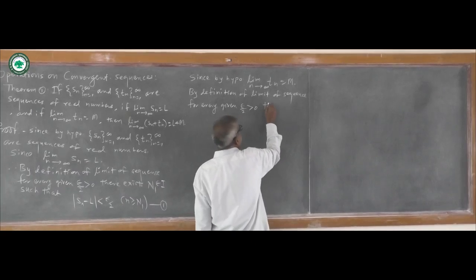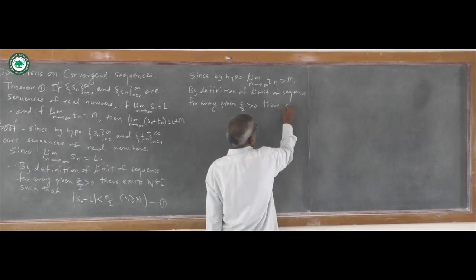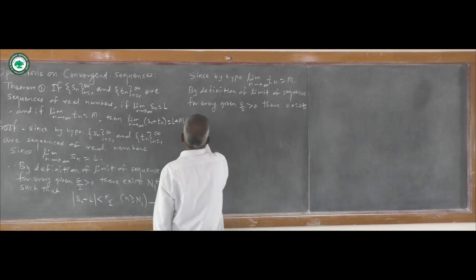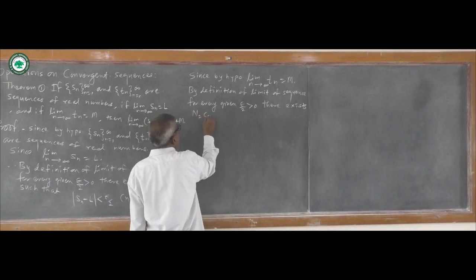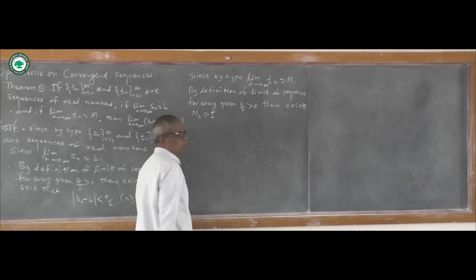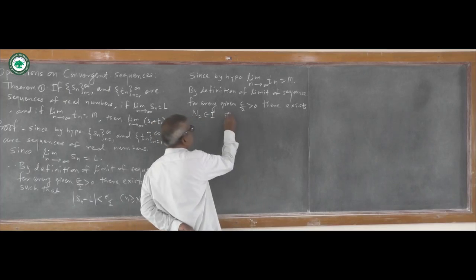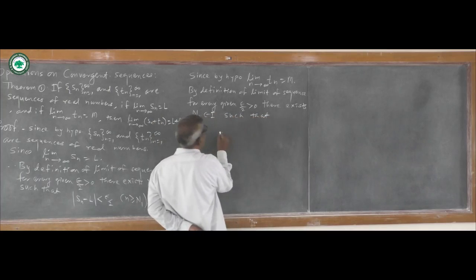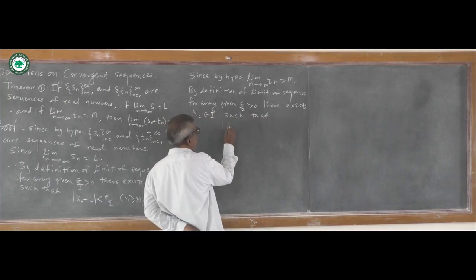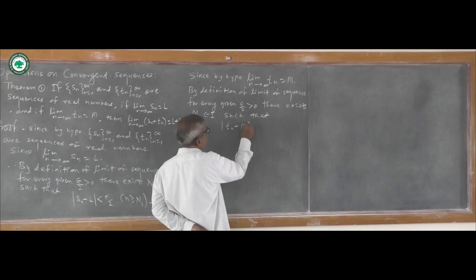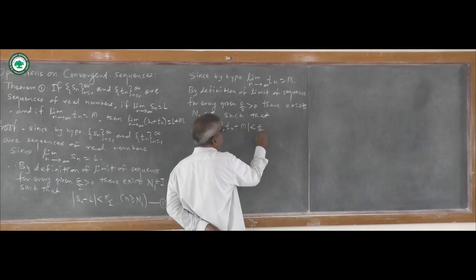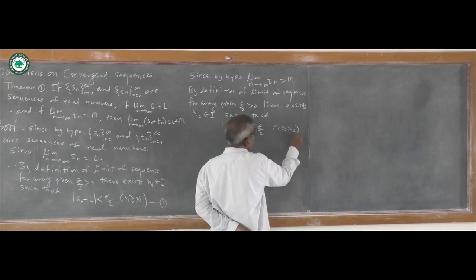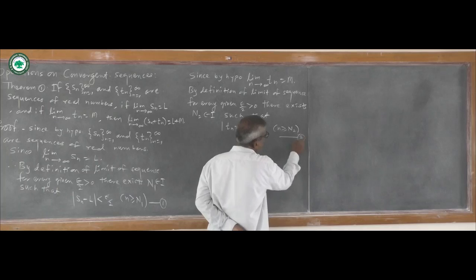There exists a positive integer n2, n2 belongs to I, such that modulus of Tn minus capital M is less than epsilon by 2 for all n greater than or equal to n2. This is relation 2.